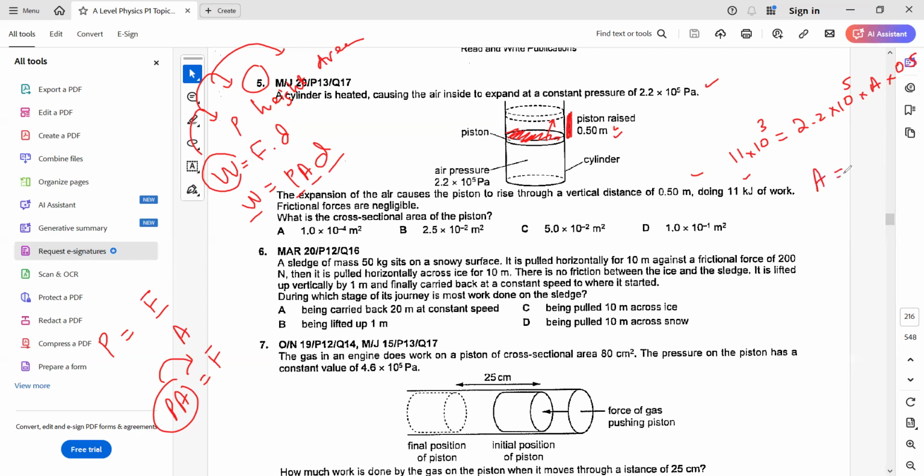So now let's find the area. The answer comes out to be 0.1. That's basically D. Okay, do you guys get this?